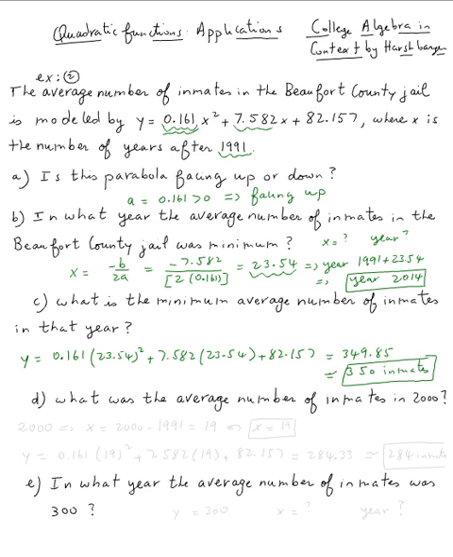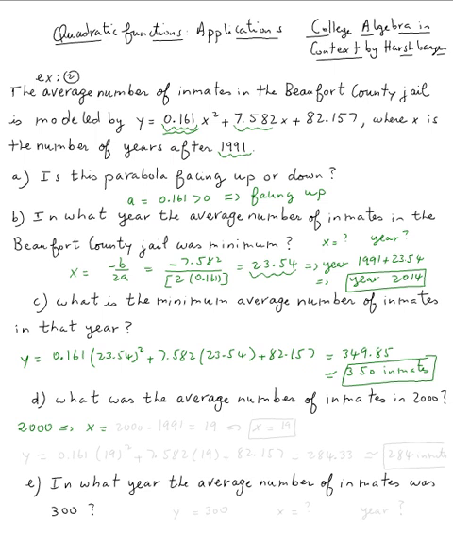Now for question D: what was the average number of inmates in the year 2000? The year 2000 means that x is equal to what? X is the number of years after 1991, so 1991 means x equals 0.